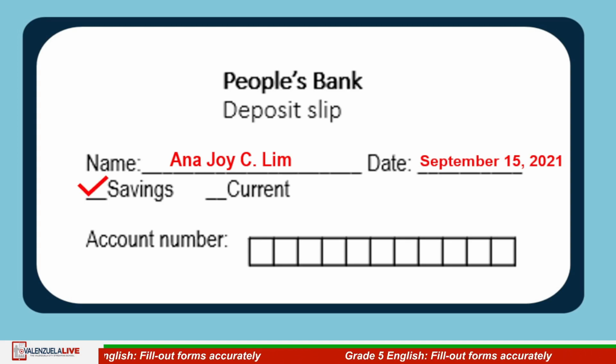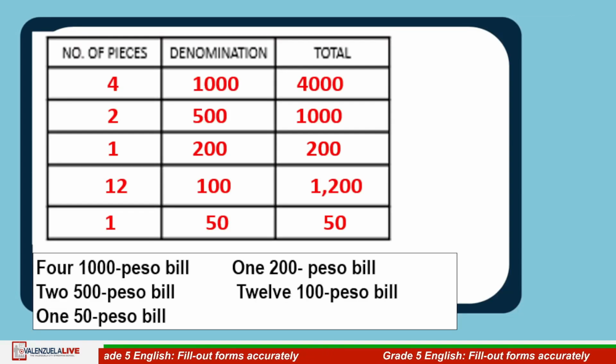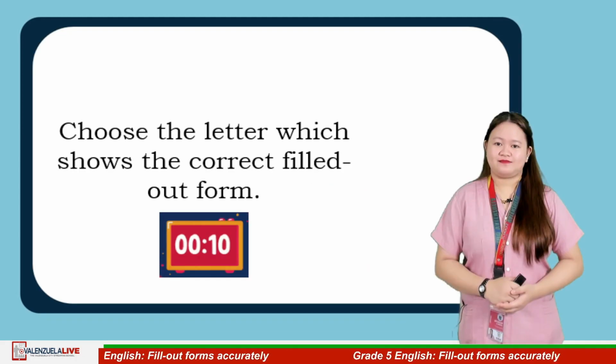Savings, correct. Next, the account number. 00012435555. Then, let's write the denomination or the quantity and amount.